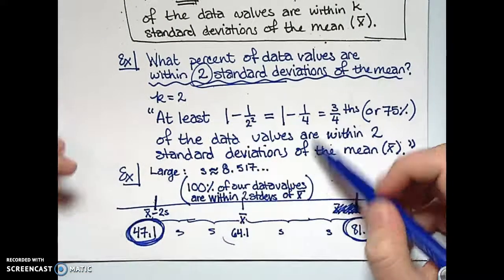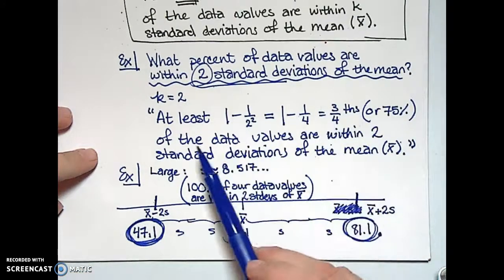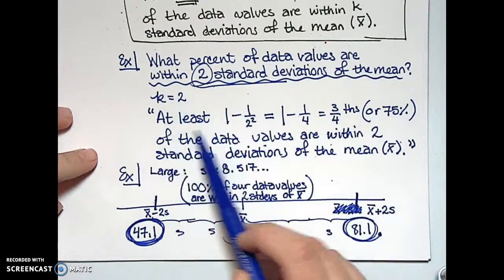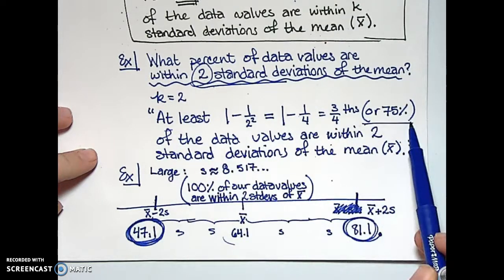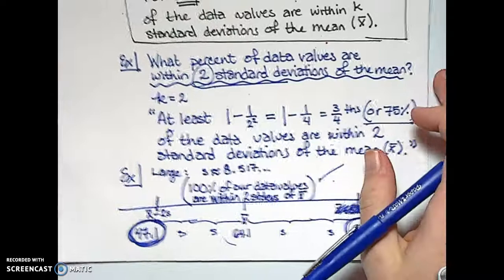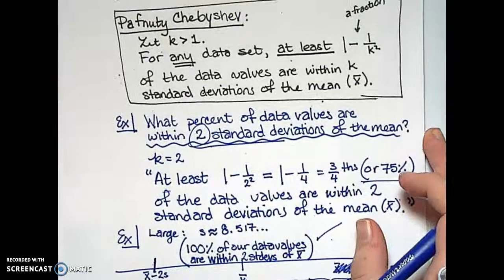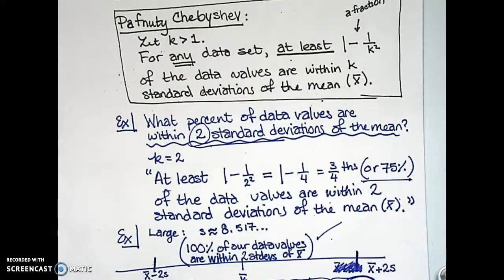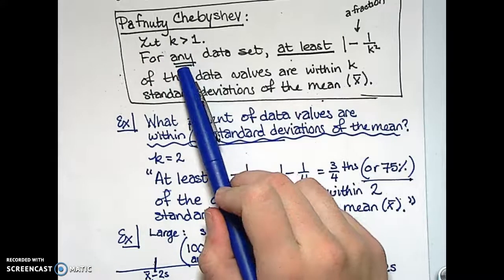What were we guaranteed by Chebyshev's result? We were guaranteed that at least 75% of them would be. 100% certainly matches that criteria. In other words, Chebyshev's result is true here in this example, but it's actually true for any data set.